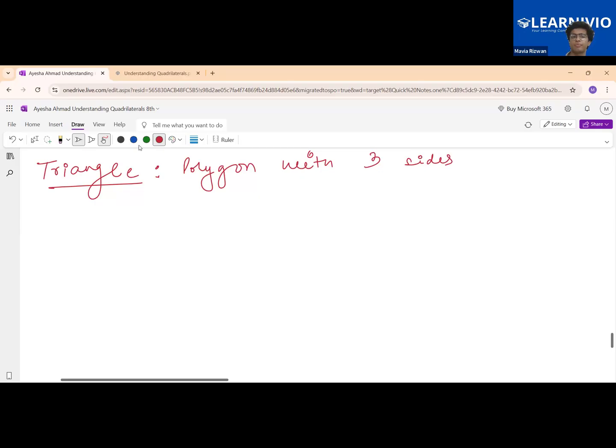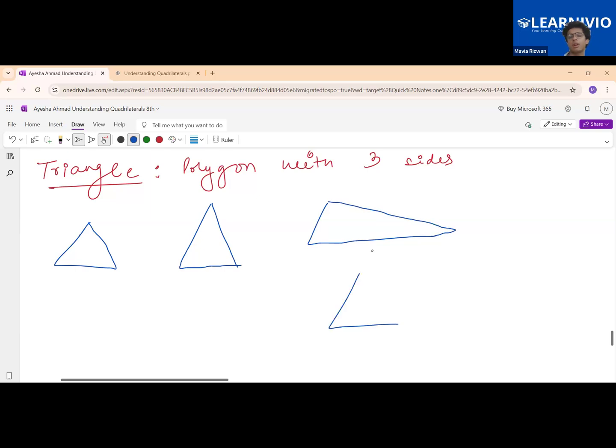Okay. I'll give you examples. This is a triangle. This is a triangle. This is a triangle. This is a triangle. All these are triangles.